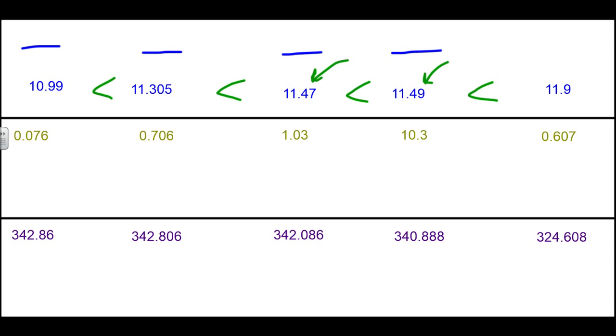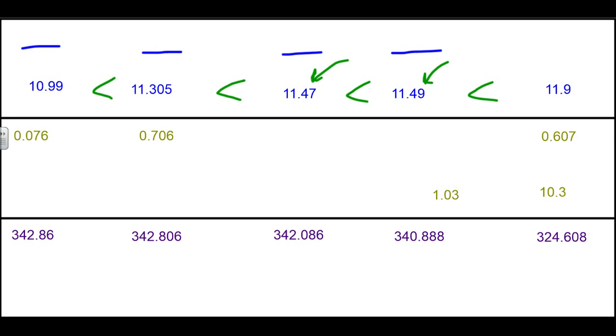For number two, we're looking at, again, ordering it from least to greatest. If we look at the tens place, there's only one number that has a tens place, so that is the biggest. And there's only one number that has a ones place that's not 0, so that is the next largest number. So now we have these three numbers that we're looking at here: 0.076, 0.706, 0.607.